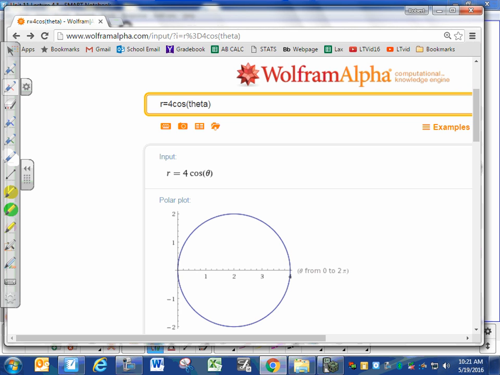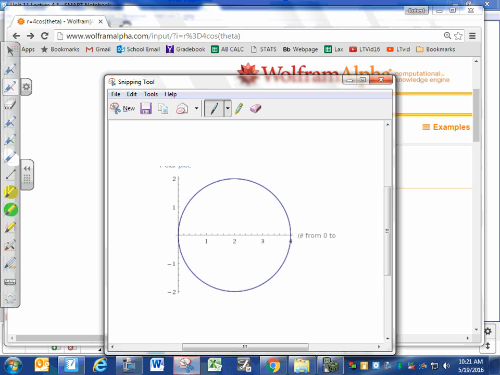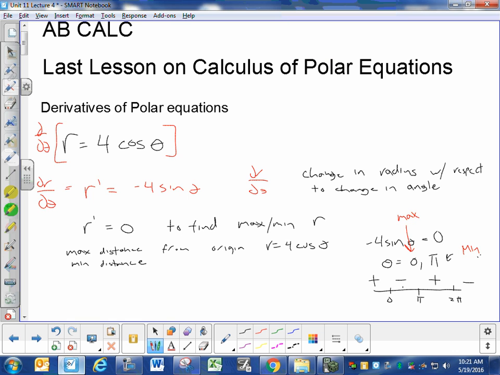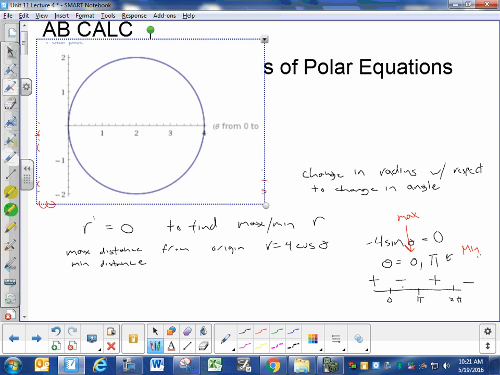Well, turns out when I graph this, sometimes it helps if I grab this, copy, paste, shrink, so that I can look at it really quickly.